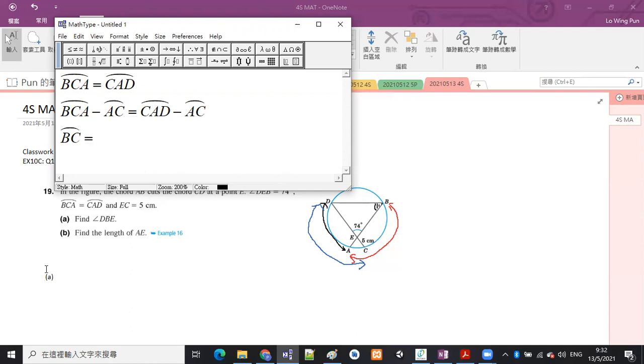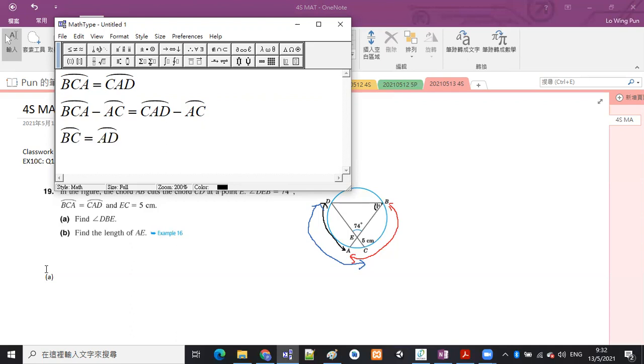On the right-hand side, when arc CAD takes away the part arc AC, the remaining part will be arc AD. Can you get the idea and the presentation of this style? Yes or no? Yes. Okay. So when you shake your hand, you mean yes.